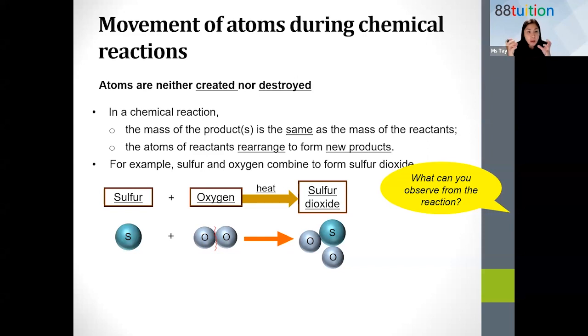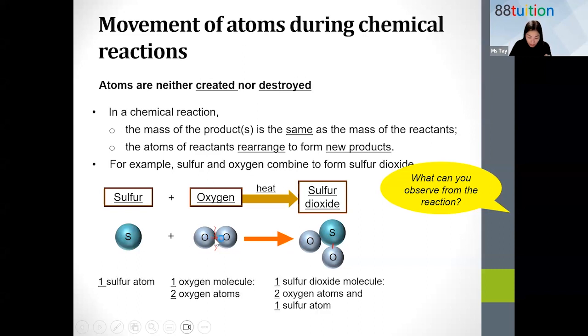So from molecules, they become atoms first, then they rearrange and rejoin. Now you see the bonding is here. Rather than oxygen being combined with oxygen, with a chemical bond between them, it is now broken up and rejoined together with the sulfur to form sulfur dioxide.